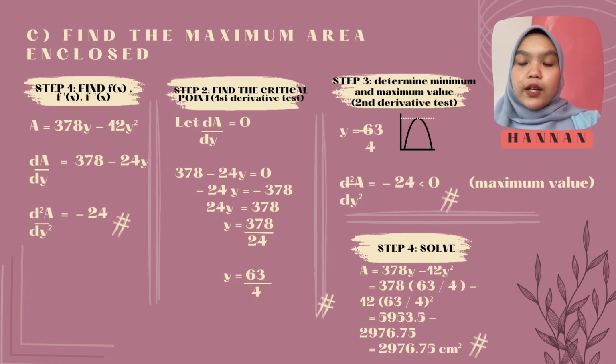And then in this question, there are three questions below, which is express x in terms of y, and then show that the area enclosed by the wire is 378y minus 12y, and then for the third one, find the maximum area enclosed.